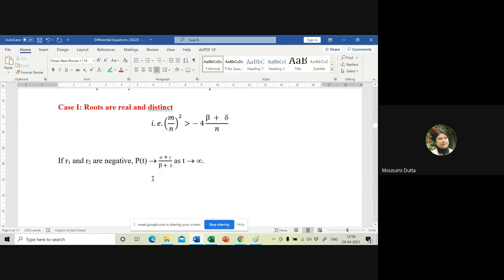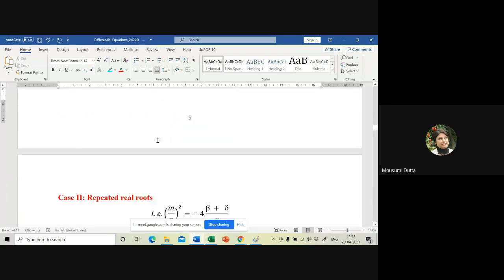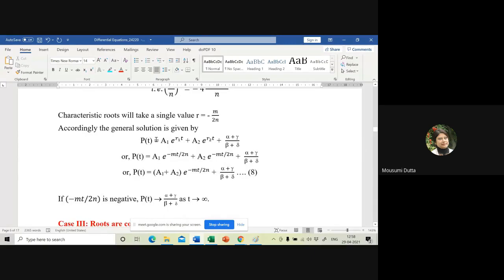Under both circumstances, real distinct and real repeated, the time path will be monotonic in nature, because as long as the roots are real, the time path is monotonic, and convergence depends on whether both the roots are negative or not. If both the roots are negative, then only you will have convergent time path. Otherwise, you will have divergent time path of the concerned variable.